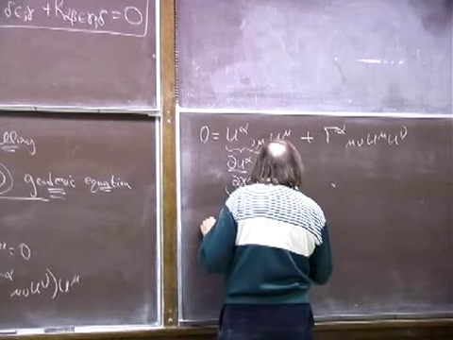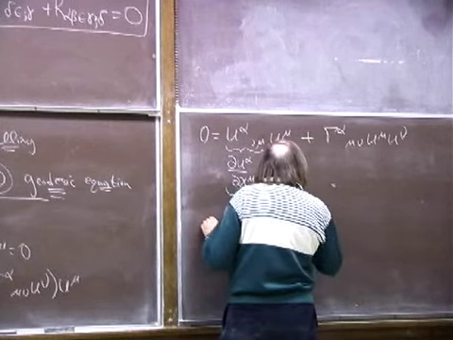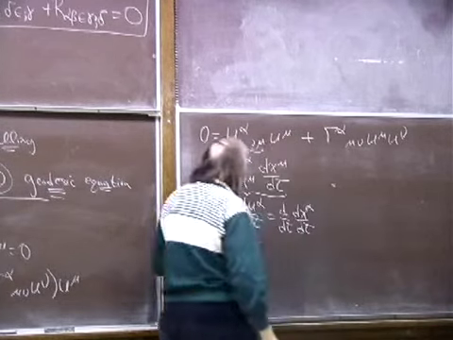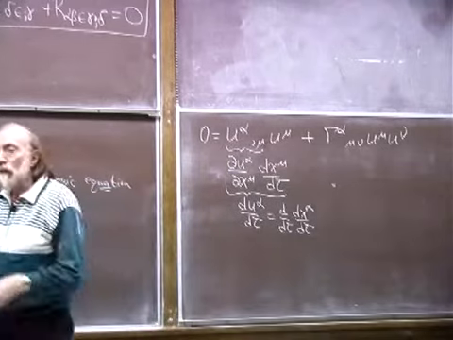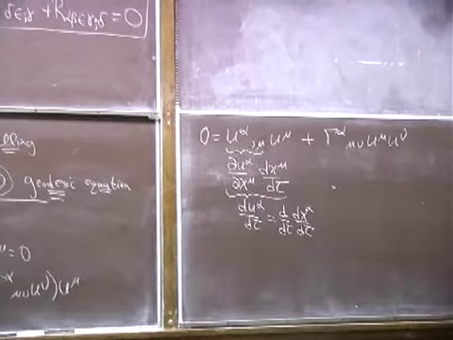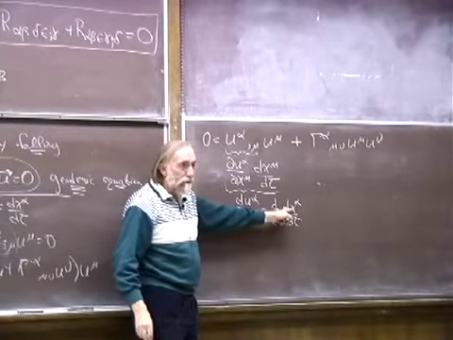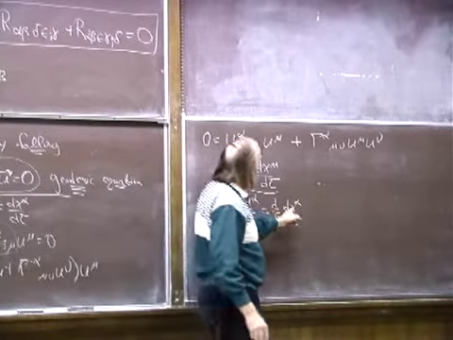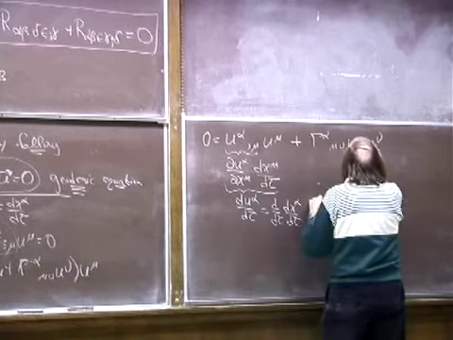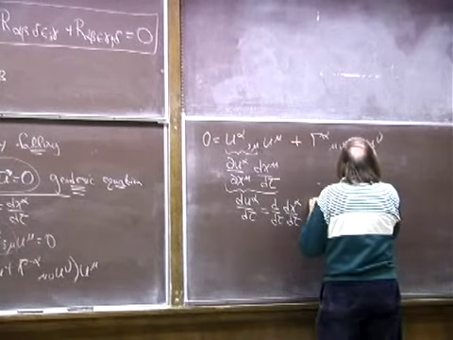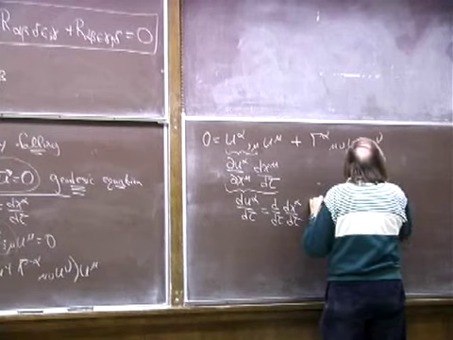So this is d/dτ of dx^α/dτ. And so I have a double time derivative with respect to proper time of the coordinate location of the particle. And each of these u's is a dx^μ/dτ and dx^ν/dτ.